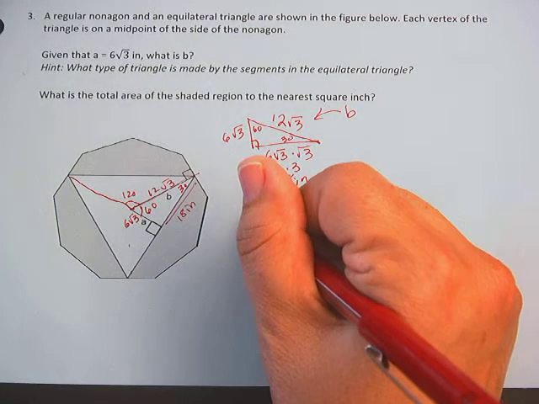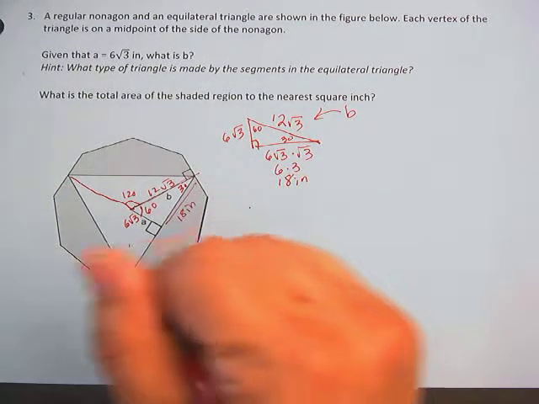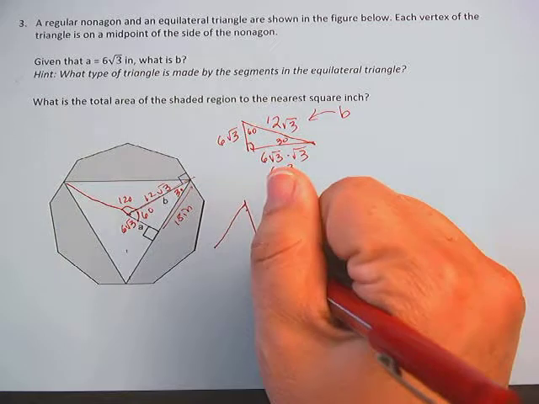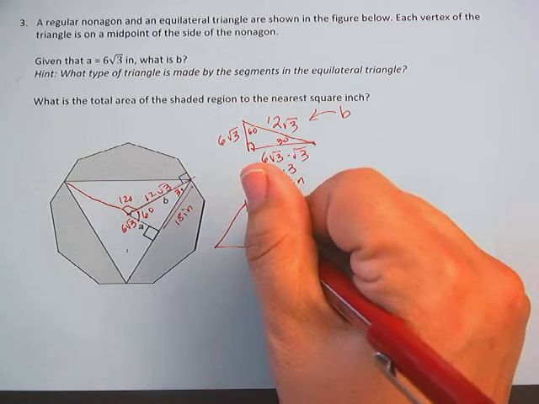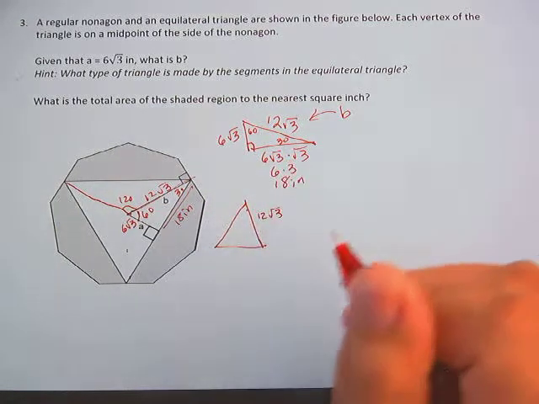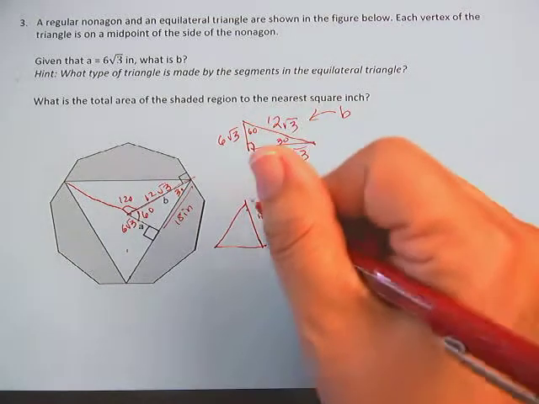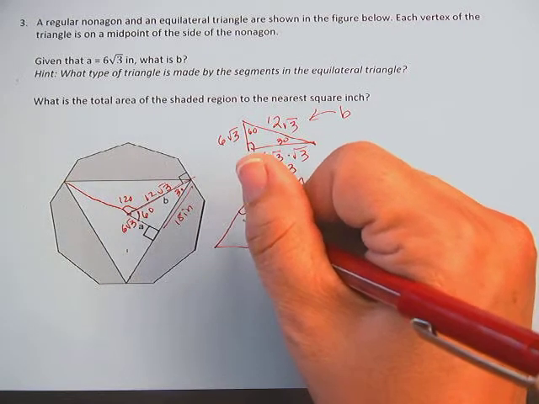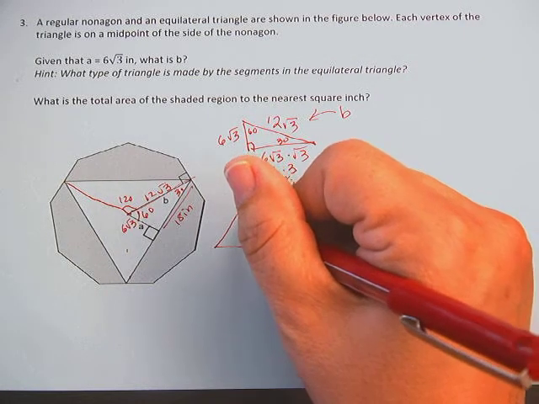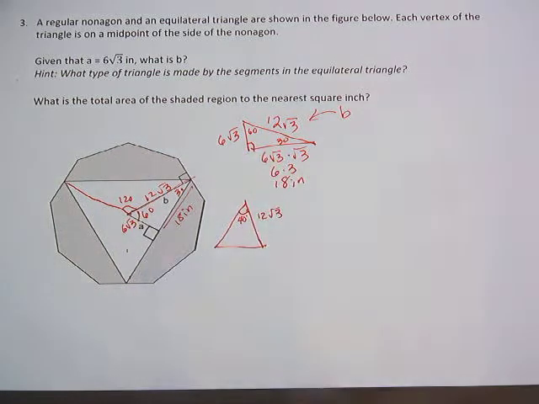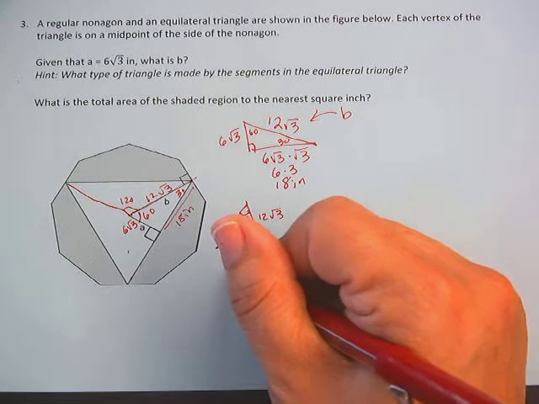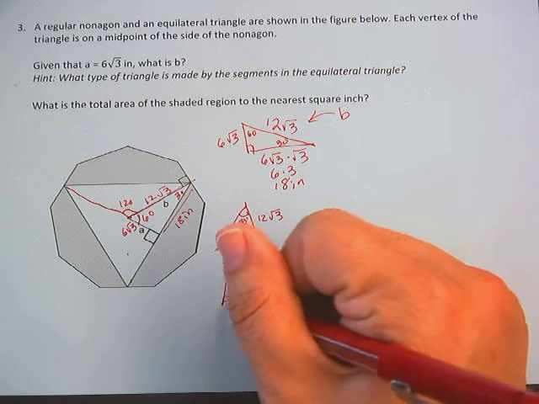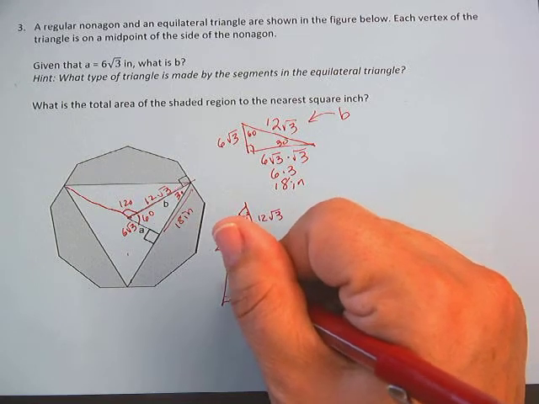So let me draw for my nonagon this central angle. So I'm going to draw this piece. For a nonagon, if I divide 360 by 9, I'm going to get 40 degrees right there. Then I'm going to cut this triangle in half, so that's 20 degrees right there.